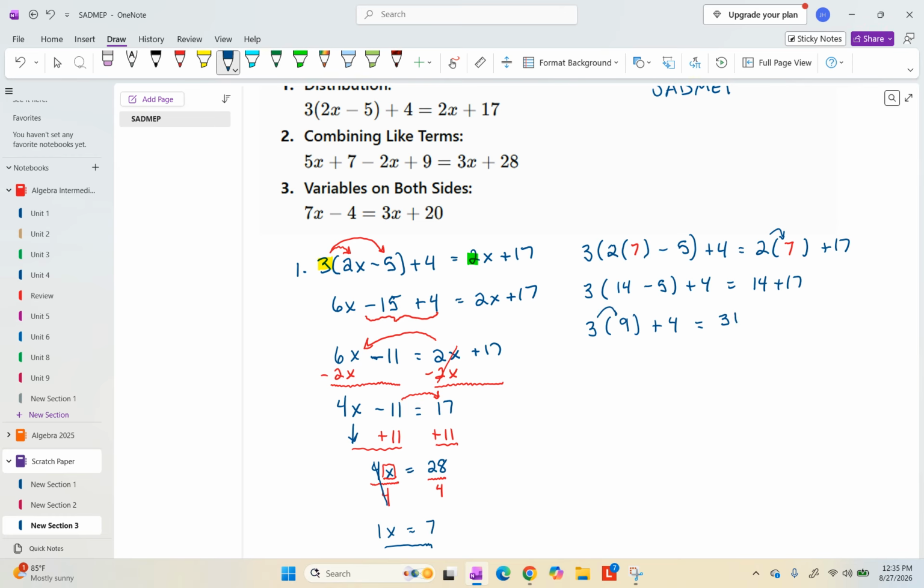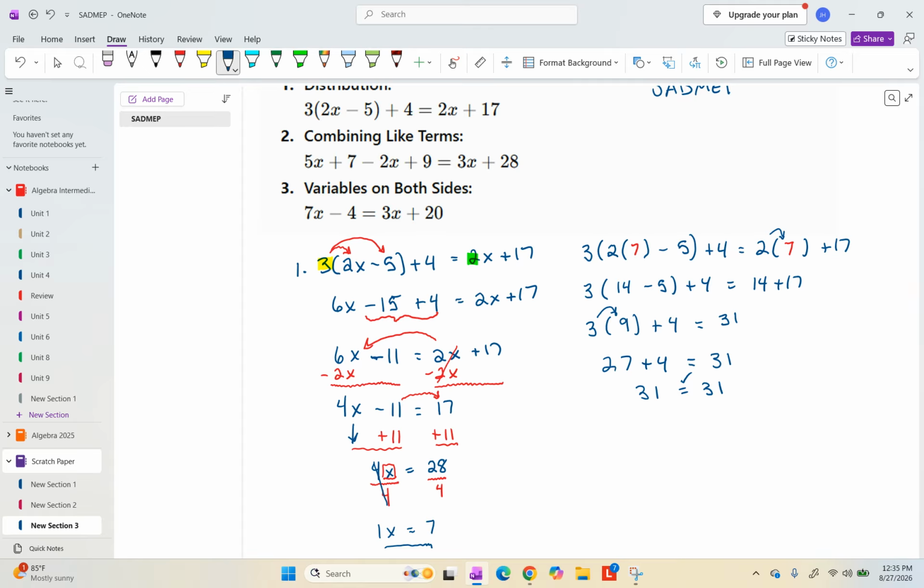Okay, now one more bit of multiplication. So 3 times 9 is 27. Plus 4, you may already know that this is correct. 27 plus 4 is 31. That equals 31. Check mark. We are good to go. The solution works out. Okay?